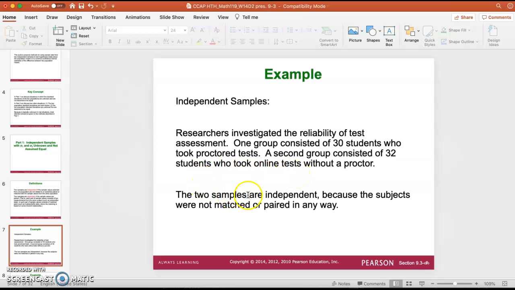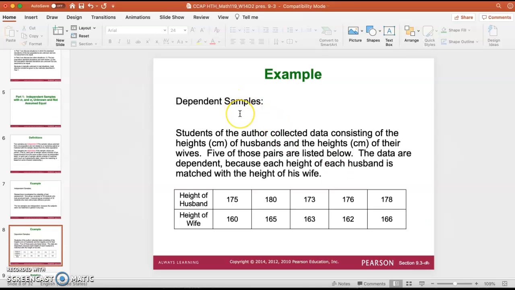The two samples would be independent because the subjects were not matched or paired in any way, like two totally separate classes. An example of dependent samples could be students of the author collecting data consisting of heights of husbands and the heights of their wives. Five of those are listed below. The data are dependent because each height of each husband is matched with the height of his wife in some way.